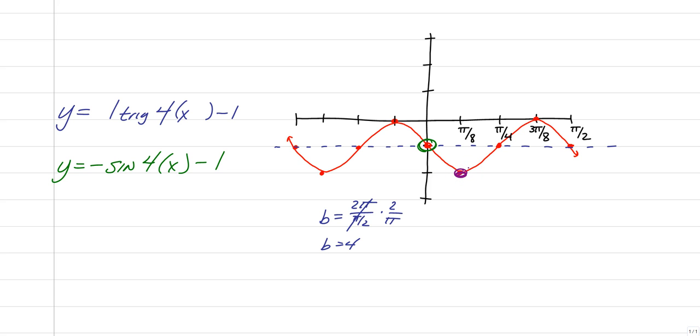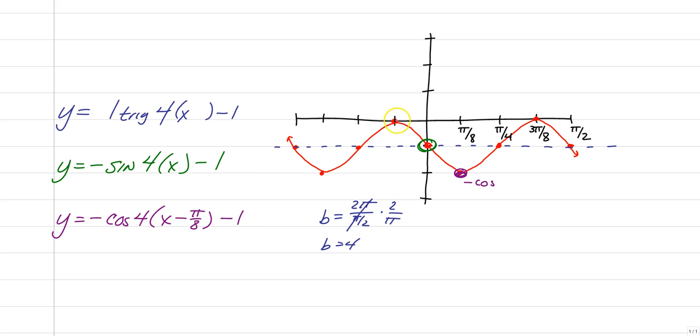Now to pick cosine, you just have to pick a new starting point. So I'm just going to go 1 point to the right. We're starting at the bottom, so that's a negative cosine. It's pi over 8 to the right, so there's a few things that change. So we have y is equal to a negative cosine of 4, and the only thing that's going to change for the horizontal shift is we're to the right pi over 8, so that's x minus pi over 8, and of course minus 1.